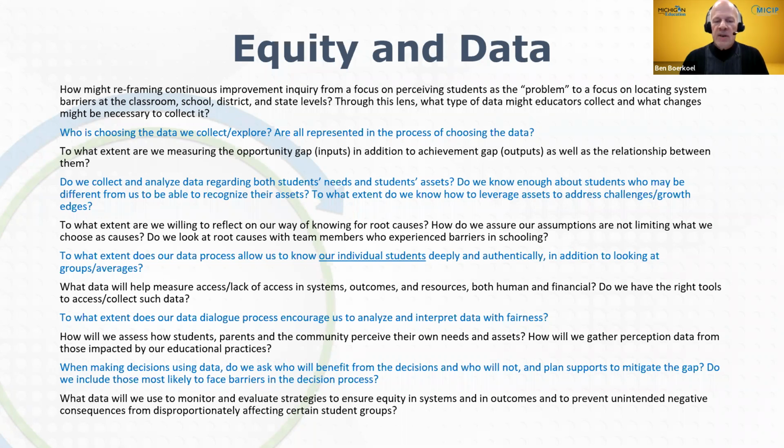What we have done is pulled out some of the key questions from the equity toolkit that the department has developed around the concept of equity. And we really apply it to all the components of the MICIP process. But what we've done here is try to pull out some of those equity questions specifically related to the assess needs process and to looking at data.